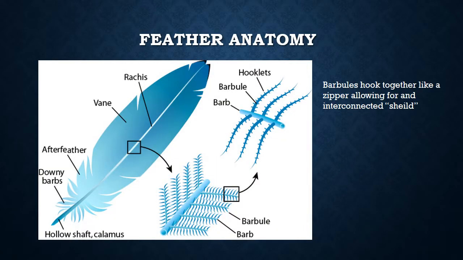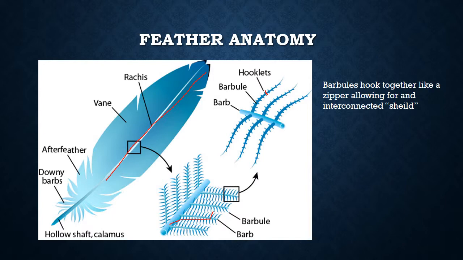So when we look at feather anatomy, when we look at this one particular, we have the central shaft right here, and it's hollow because remember, everything we do has to be lightweight. And then, as I mentioned before, we have the hollow shaft with the barbs and barbules attached. So each of these barbules have these little tiny hooklets that come out, and that's what allows the feathers to stay together.